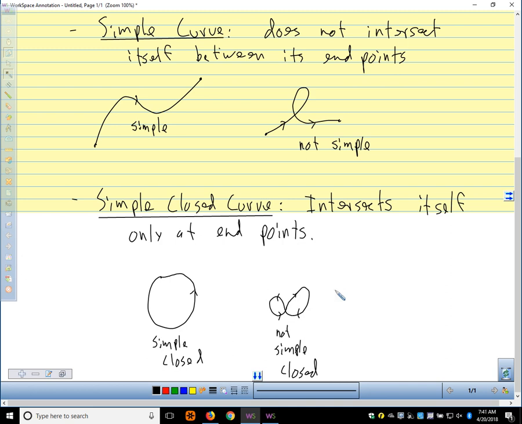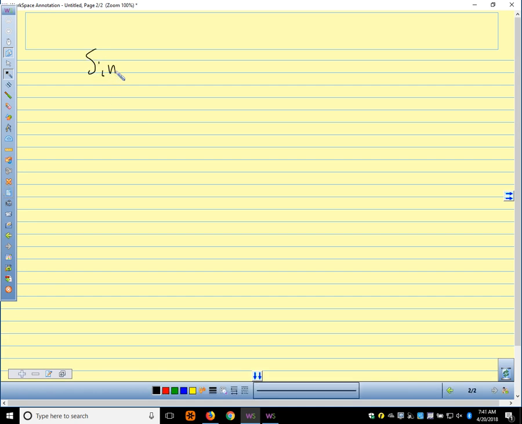Well, simple closed curves are related to, are we good so far? Related to a simple connected region. Now we talked about what a connected region was yesterday.